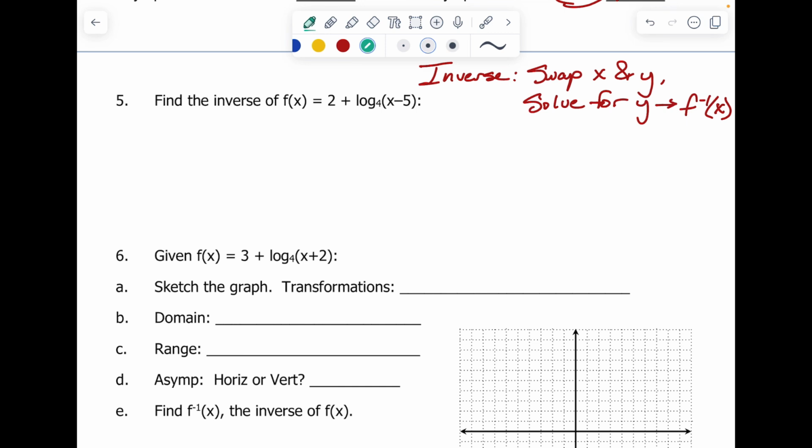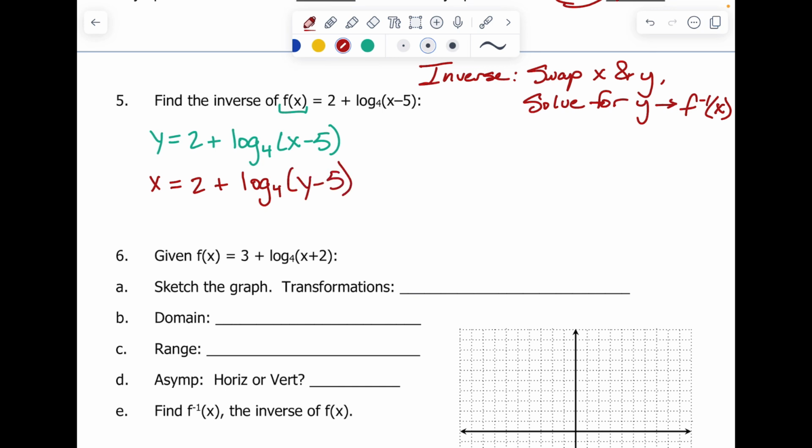So we have f of x, which is y, equaling 2 plus log base 4 of (x minus 5). So we first want to take the x and the y and actually swap them.